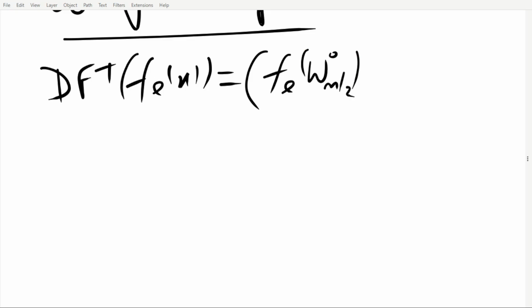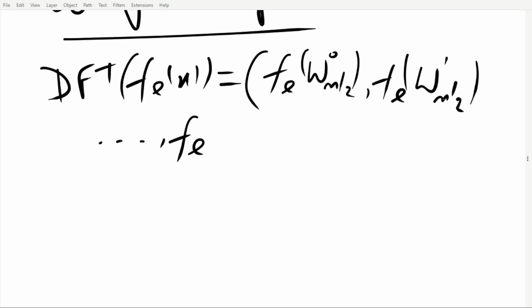So this vector we get as answer. Then FE of omega n by 2 to the power 1, continue up to FE of omega n by 2 to the power n by 2 minus 1. So this is the vector we get for FE.